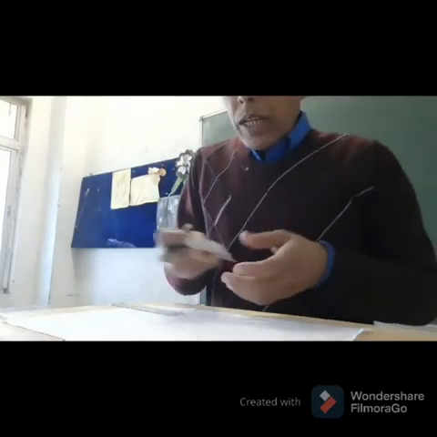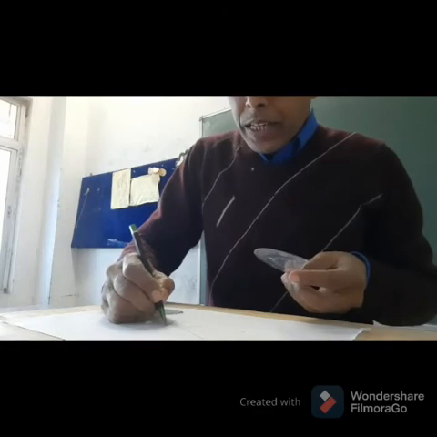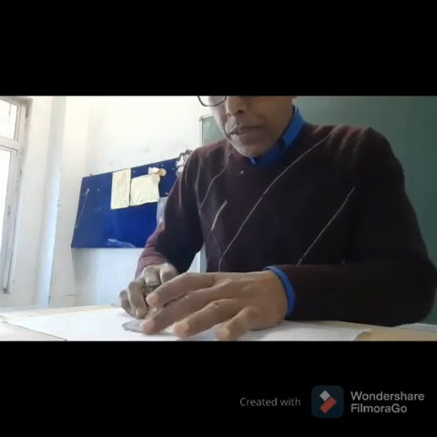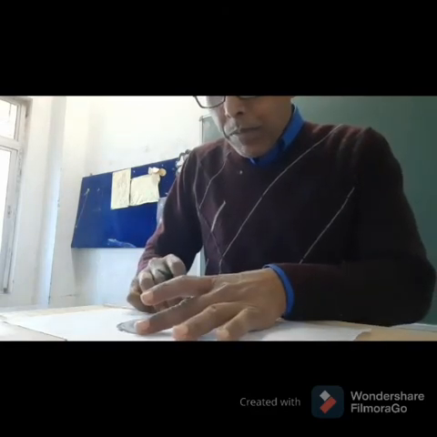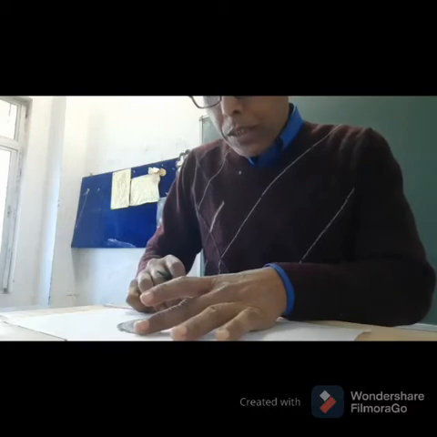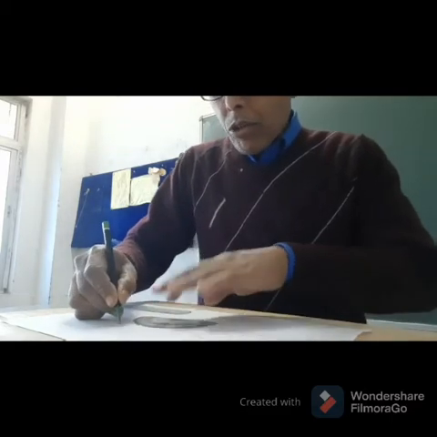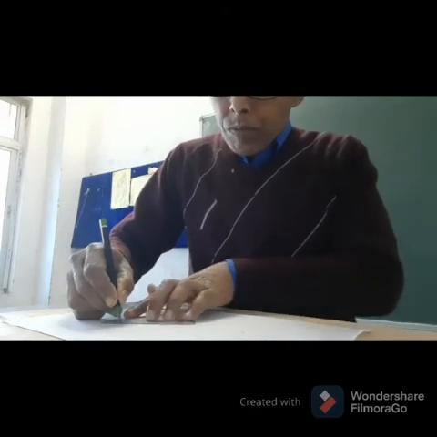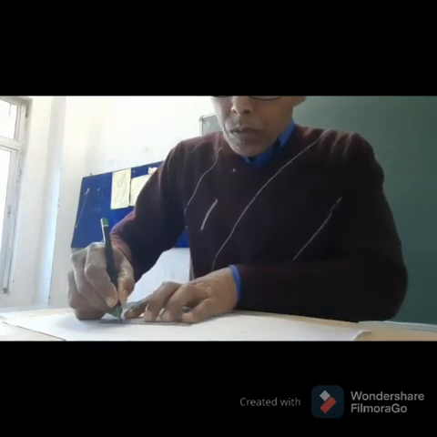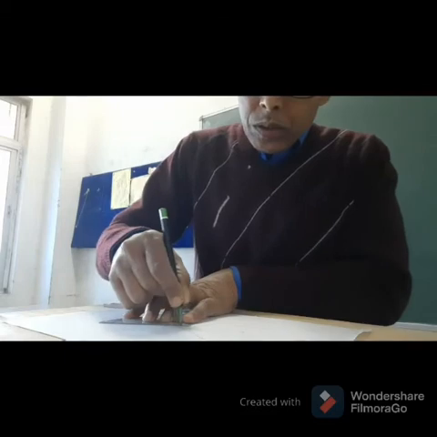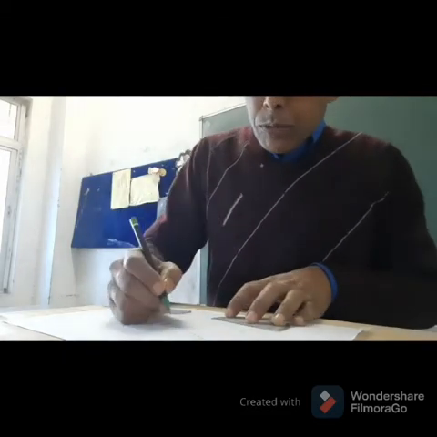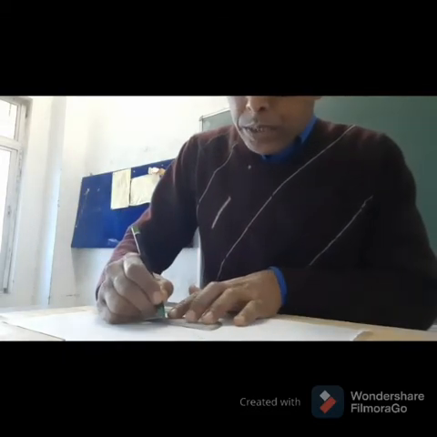Again we make a normal on the second refracting surface with the help of this protractor, and this is the normal. Now we have to meet these two points.